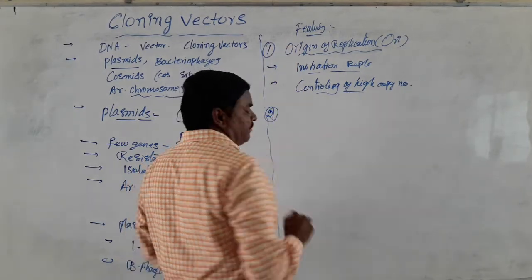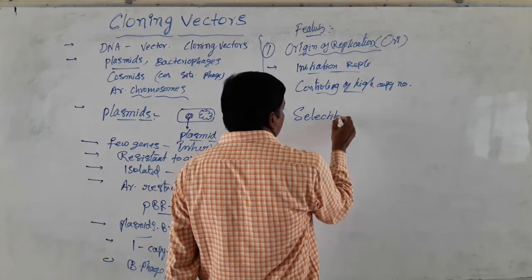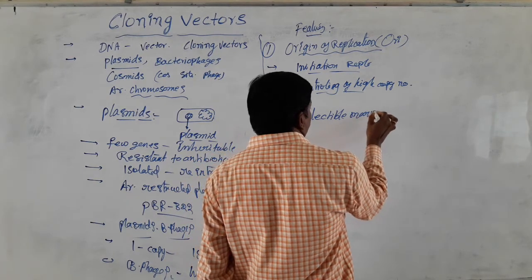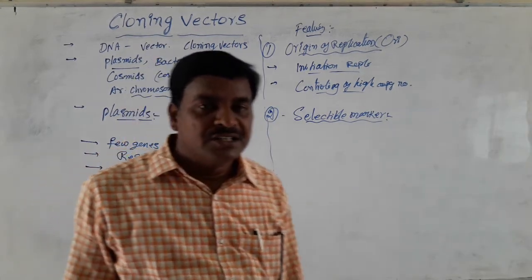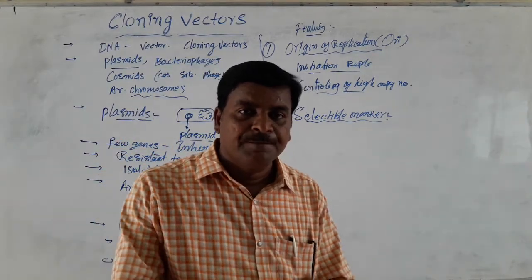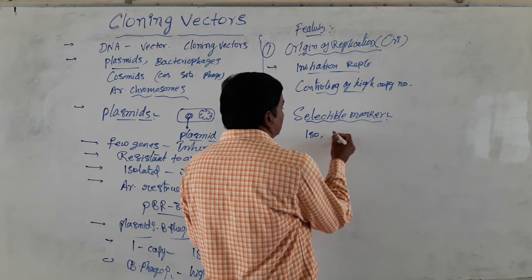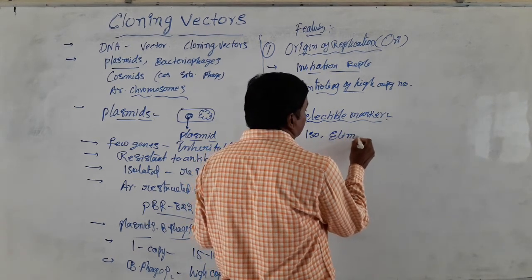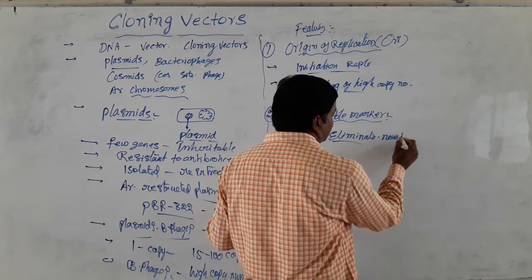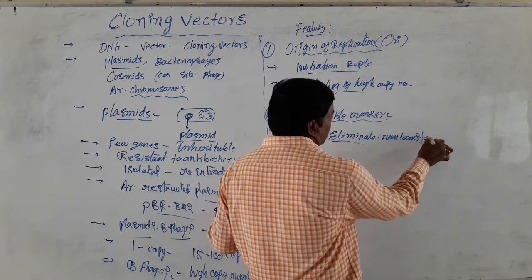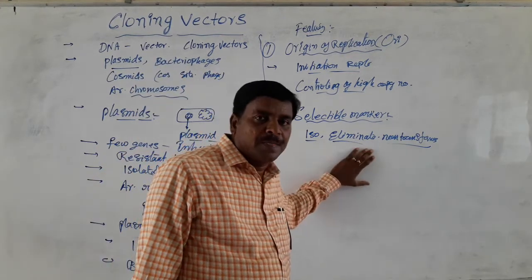Now coming to the second one, selectable markers. Once the recombinant DNA is inserted into the host, these selectable markers are necessary to identify, isolate and eliminate the non-transformants.